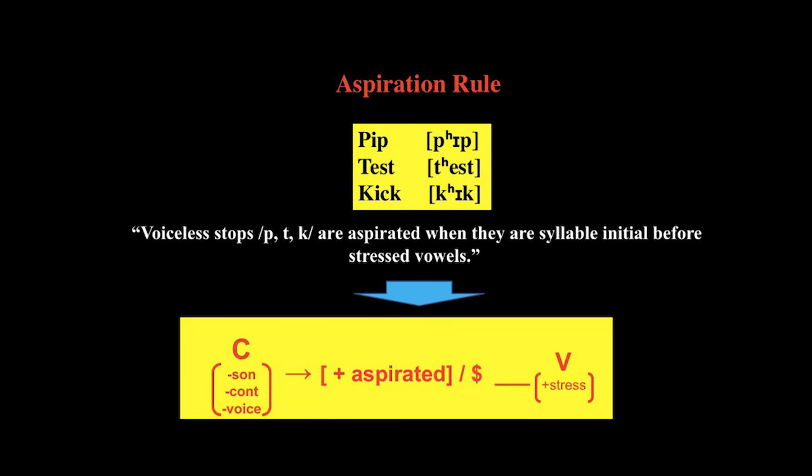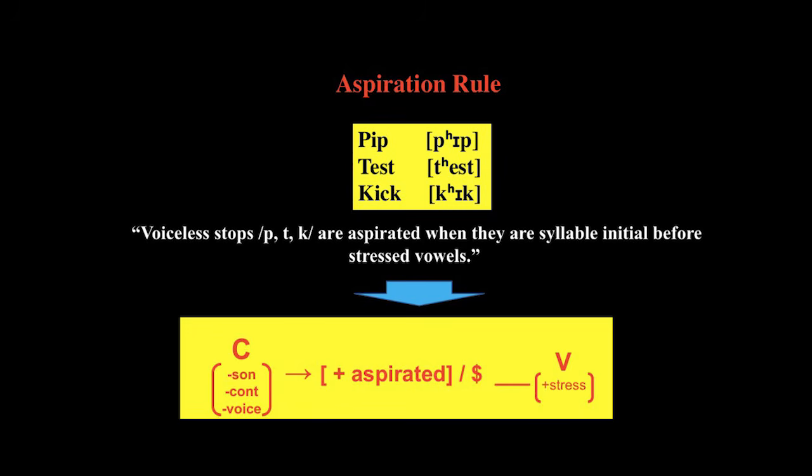Followed by an arrow, which means becomes or pronounced, and followed by the phonetic change, which is plus aspirated, and followed by a slash, which means when or whenever, and followed by a syllable boundary at the beginning before the environment to say that it is syllable initial.